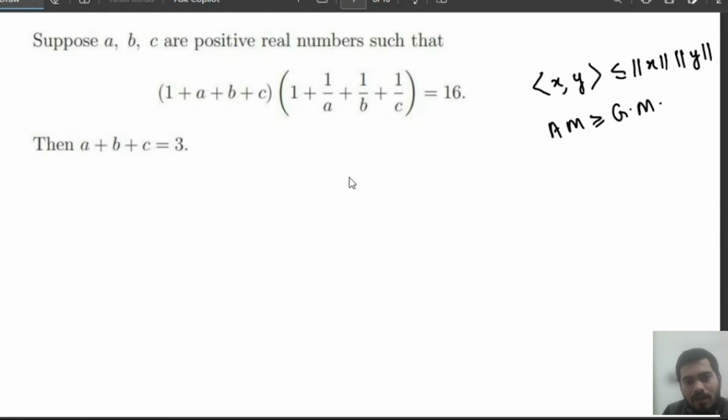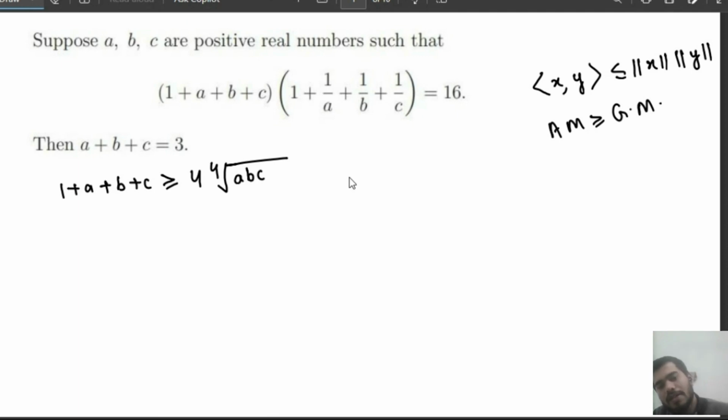What will happen is that, using the AM-GM inequality, this should be greater than or equal to 4 times the fourth root of abc. Note that a, b, c are given as positive, so we can actually apply AM-GM.